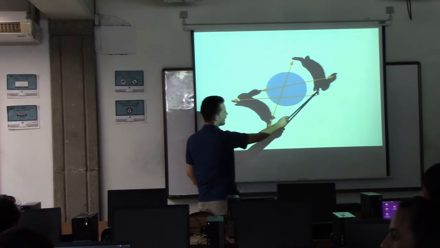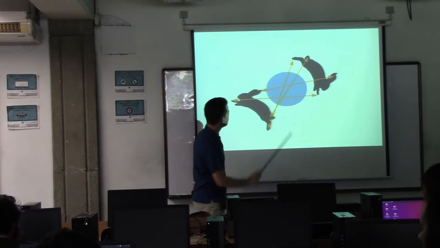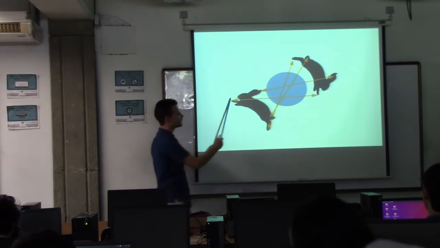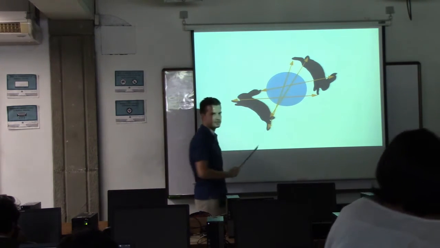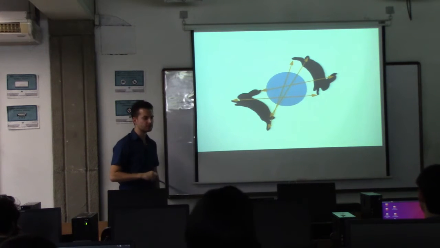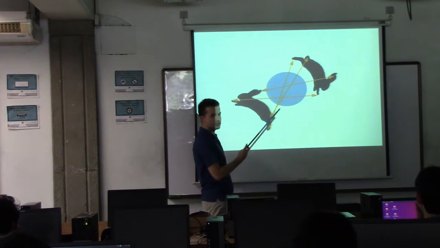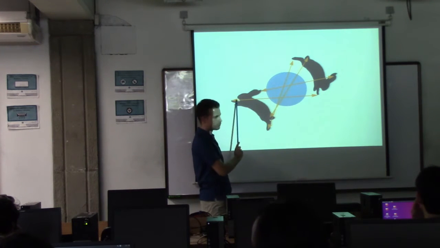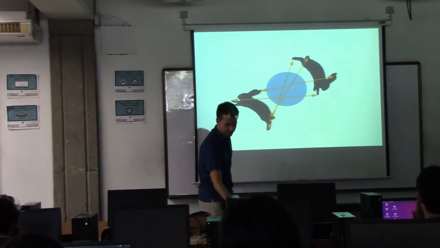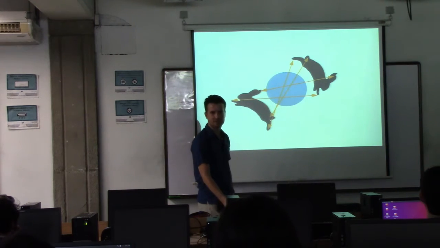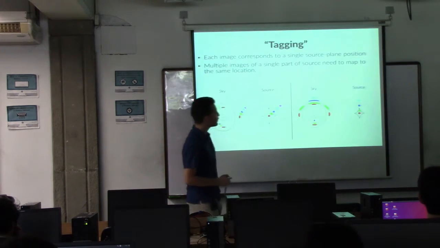Now the front leg, now the tails. And so if you have more extended lenses, in this way you can basically build up a series of points that you can use to constrain your mass model. Assuming you can distinguish that, okay, this is a front paw, this is a front paw. And this is the first lens modeling technique that I'm not sure if it has a proper name, so I call it tagging.